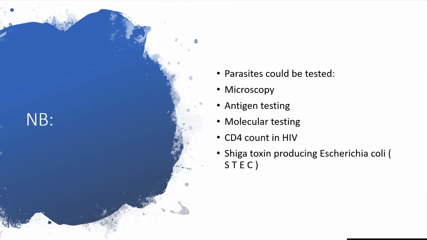Note: parasites can be tested for microscopically and with antigen detecting methods. Molecular testing is possible, and you have CD4 count in HIV. Shiga toxin producing Escherichia coli is a serious issue. STEC, and I'll talk about that more in a bit.